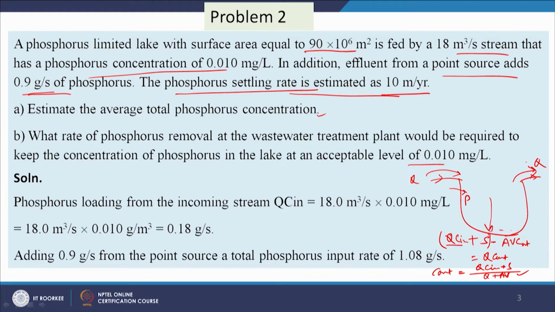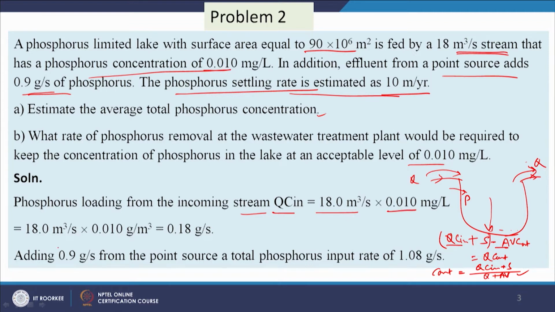Now, we have to get the value of A. So, let us see the phosphorus loading from the incoming stream, Q into C in. What is this Q into C in? Q is 18.0 meter cube per second, as given, and the concentration of phosphorus is given here as 0.010.